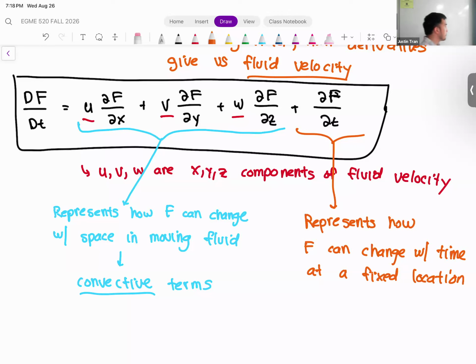Okay. This also has a name that I will be referring to quite a lot in this class. This is known as the unsteady term.